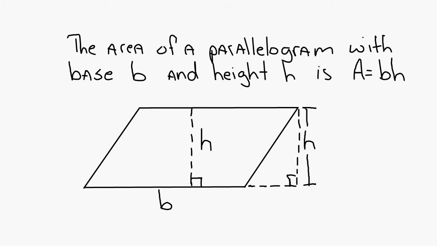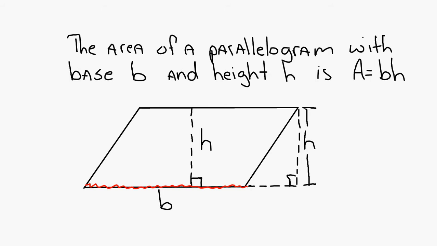The base would be the parallelogram and the extension, right? No, the base of that parallelogram would only be this piece right here. This dashed part that's the extension is just used as notation.